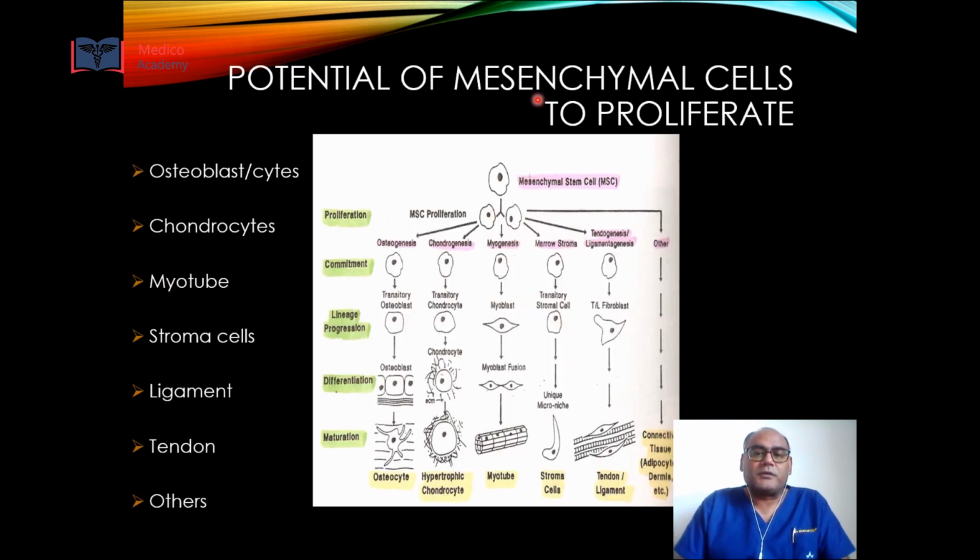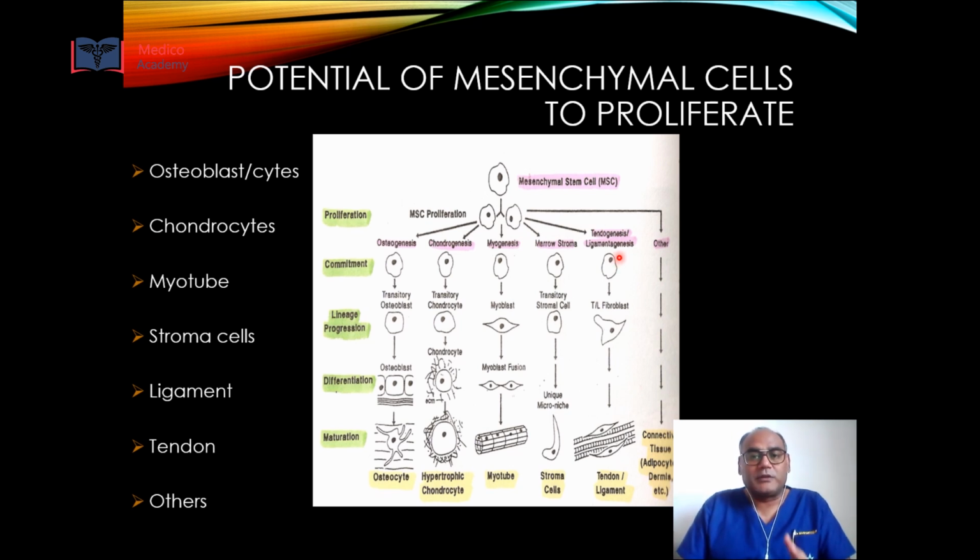Now, what do these pluripotential mesenchymal cells do? They are pluripotent because they form lots of tissues. They can form bone, cartilage, muscle. They can form marrow stroma itself. They can form ligaments, tendons, and other mesenchymal tissues, or even fat cells.